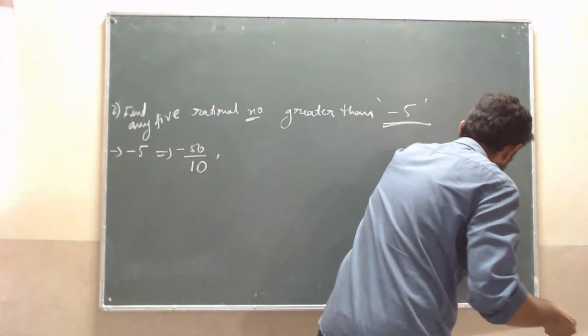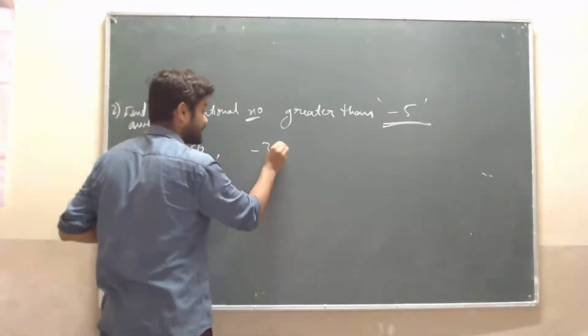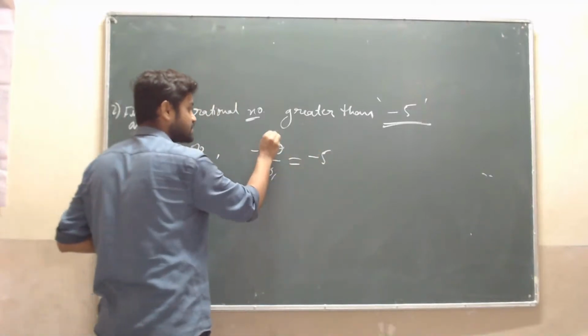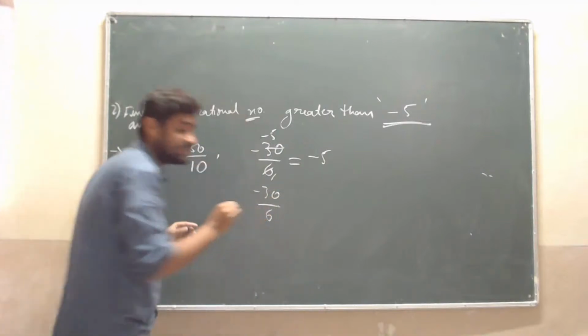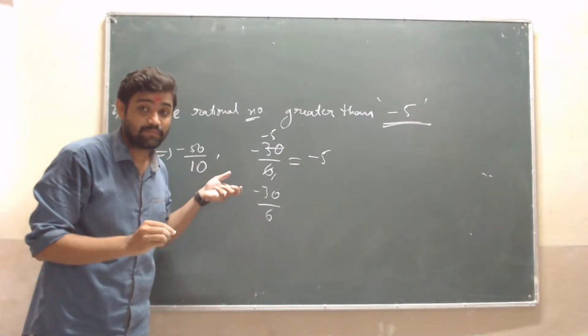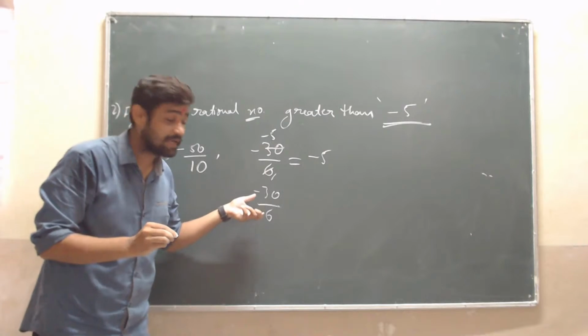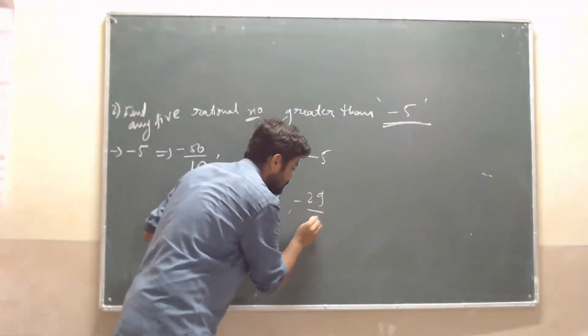Minus 30 by 6 is equal to minus 5. Why, sir? 6 fives are 30. Now we have to write numbers greater than minus 30 by 6. Let's check: minus 29 by 6.